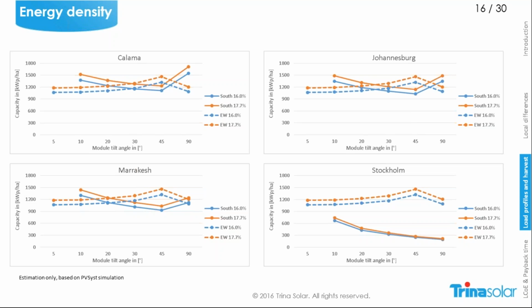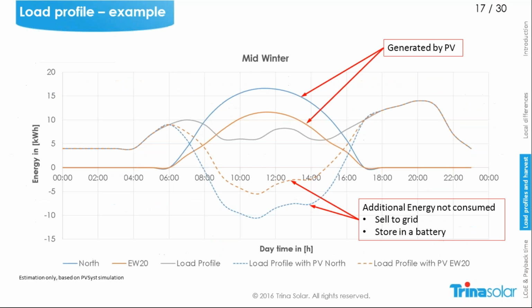I mean, if you're on a residential roof where you have one surface, it's no difference, but if you have a utility scale project where you have more rows, or a commercial one, then you also need to know, okay, how much capacity can I place? And due to the high module tilt angle, which I need in the very north position to have a high energy harvest, you have a very low capacity. And even this can be taken into account in the system design to play with energy harvest versus capacity, and what is the best solution.